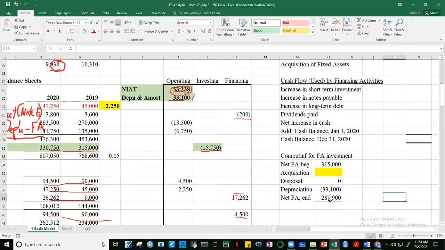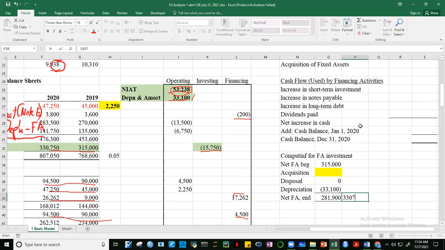So ibig sabihin guys, kung hindi tayo bumili ng net fixed assets, dapat ang ending natin 281,900. Kaso hindi guys eh. Ibig sabihin nun, may laman dapat to. Kasi dapat, ano ba dapat yung ending natin? Our ending should be 330,750. Yan ang ending natin dapat, kasi yun eh, binigay na sa atin.